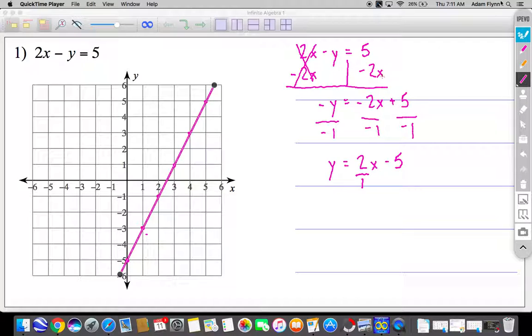Right about there. To finish it off, I'll add some arrows to it. And there we are. So pause the video if you need more time.